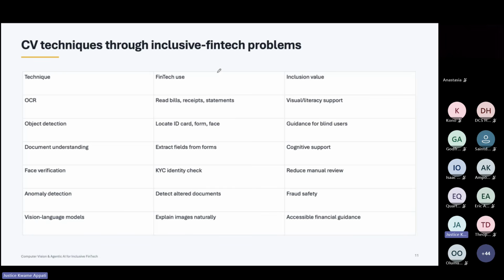And I capture the rest, which means with 2 snapshots, I'm able to fill a whole KYC, which requires like 2 days to fill. No mistakes. And so it reduces the issue of manual review. I submit it once and I'm done. It ends there. This same CV can lead us into anomaly detection.